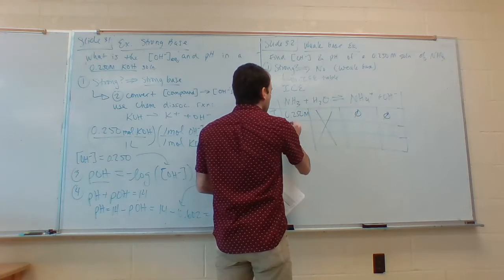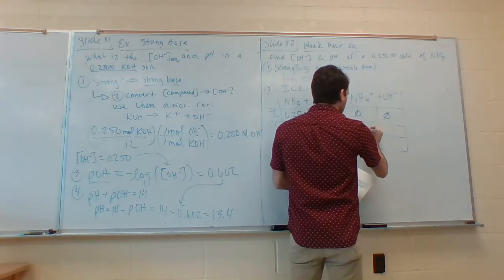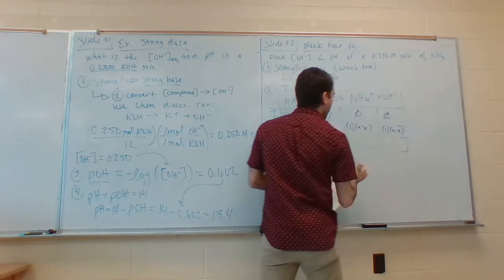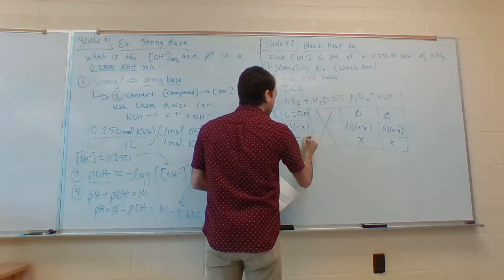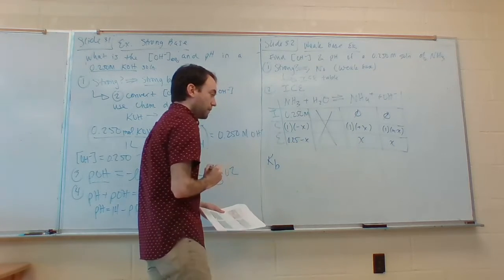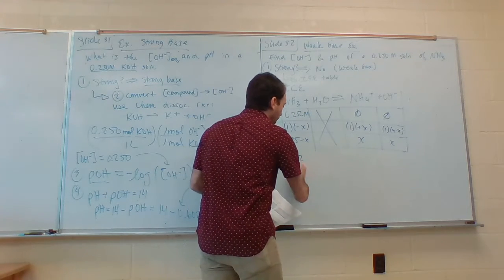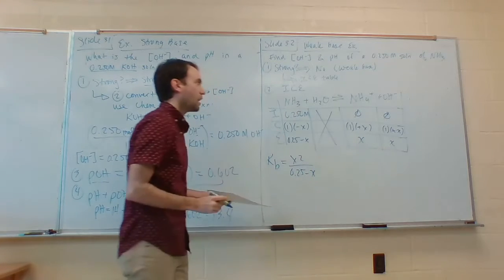Our change is 1 times negative X, 1 times positive X, and 1 times positive X. Okay, so we'll have X and 0.25 minus X, right? Then we would write our KB, okay, because we're talking about bases.